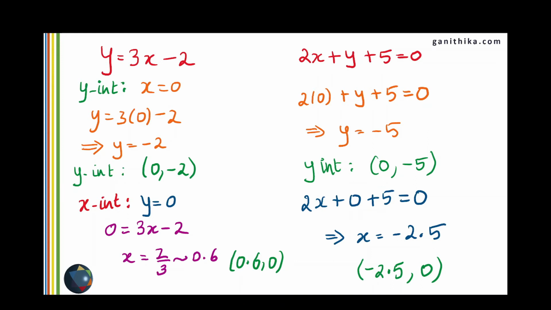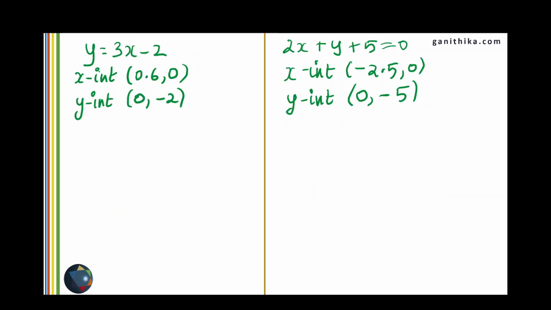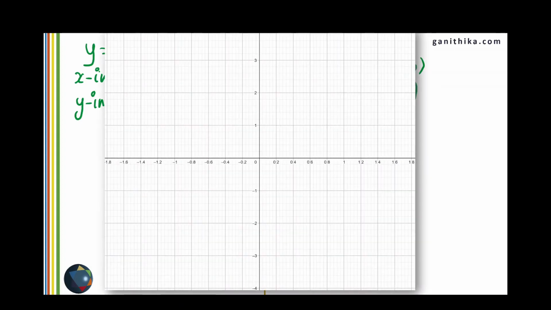Therefore, -2.5 will be the mark that you will make on the x-axis for this equation. So we have this information for both the equations, x-intercept and y-intercept, and we need to just mark them on the graph. So for the first equation, since we need 0.6 and -2, make the axis and the scale accordingly so that you can mark 0.6 clearly and -2 clearly on the y-axis.